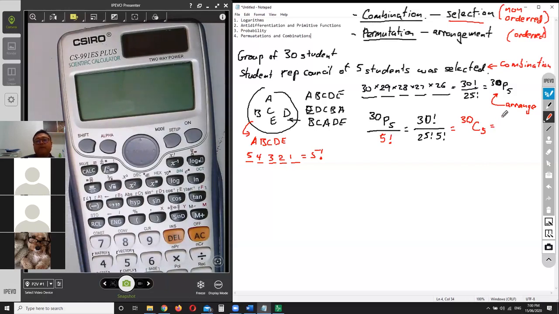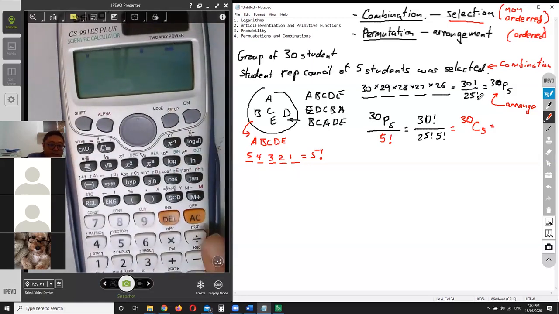What does C stand for? Combination. Now, do you see that on your calculator? There it is, the nCr.